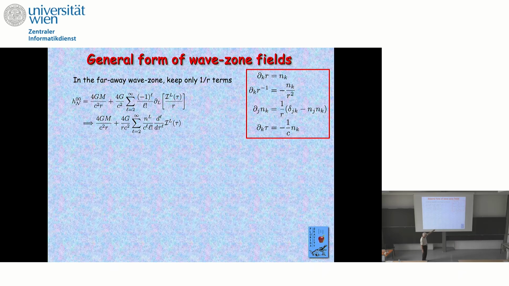Notice the gradient of proper time is minus the unit vector n over c. Remember, tau is t minus r over c. So the gradient of tau, because it's a retarded time, not just a pure time, also gives you a unit vector. So H00 is just a constant piece that's related to the Newtonian potential, plus these derivatives of multipole moments starting with the quadrupole.